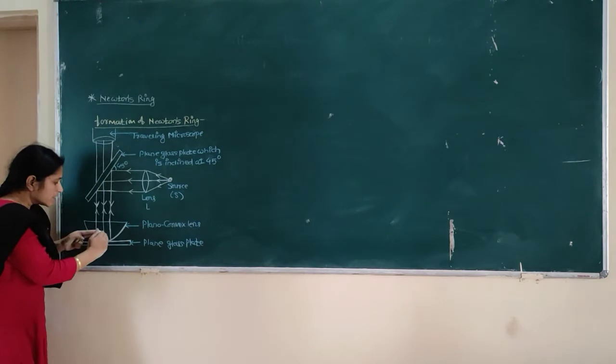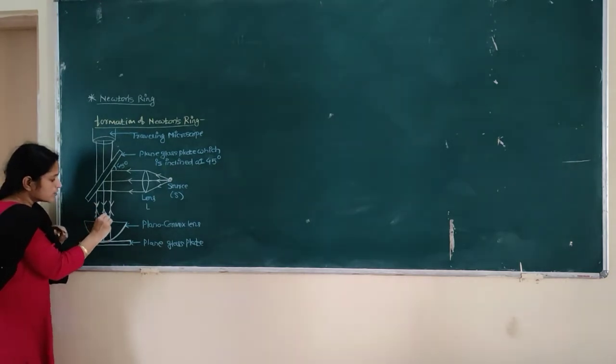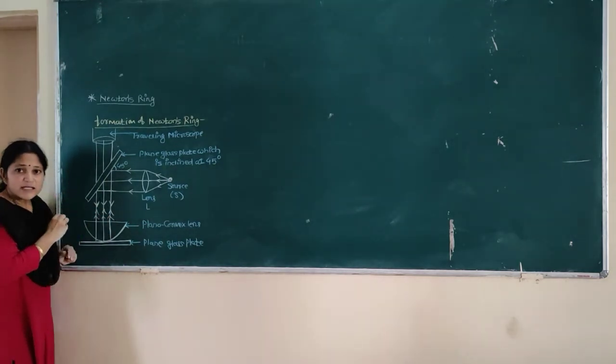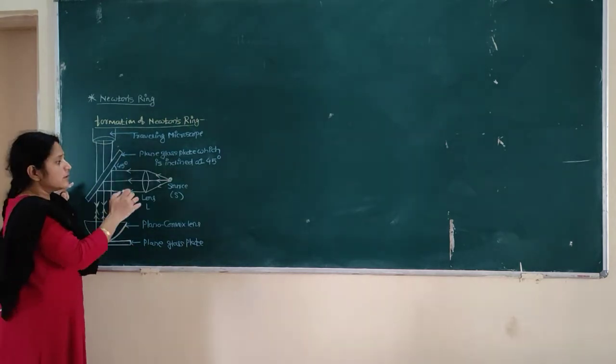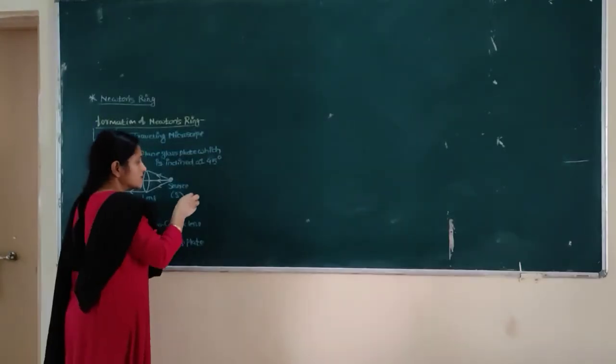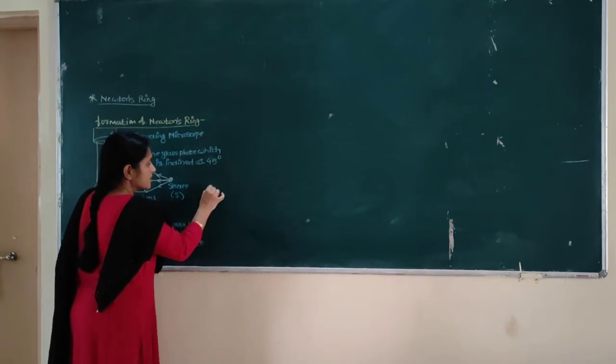So these two reflected lights interfere with each other and produce interference pattern which is in the form of circular rings, like this we get.